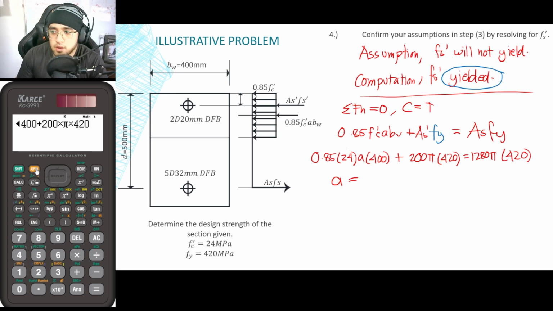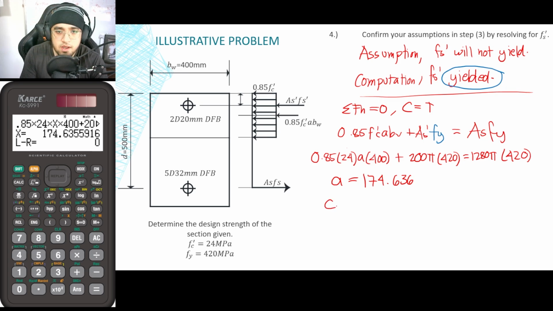So this is now equal to 1280 times pi times 420. So from that shift solve, the value of A is now equal to 174.636. Okay, so for the value of C, C is basically equal to A over beta 1.